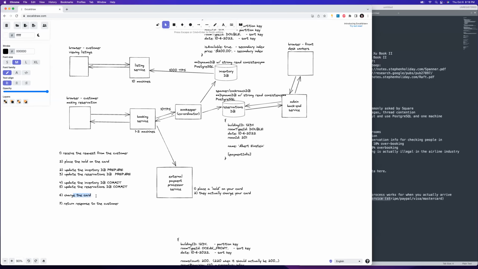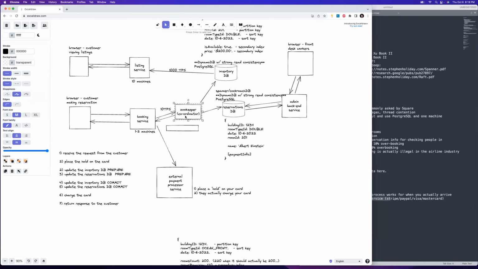You can have a stream, a message broker, and this thing is subscribing to it and coordinating that transaction, or I guess a Lambda function that would run that. Then you have this other thing that runs the charge.